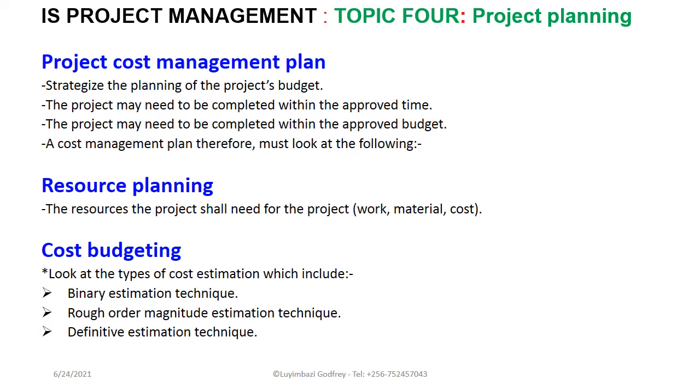Now, cost management planning also includes what we call cost budgeting. We look at the types of cost estimation, which include binary estimation technique, rough order magnitude estimation technique, and definitive estimation techniques. These are the techniques that we use when we are budgeting our costs.